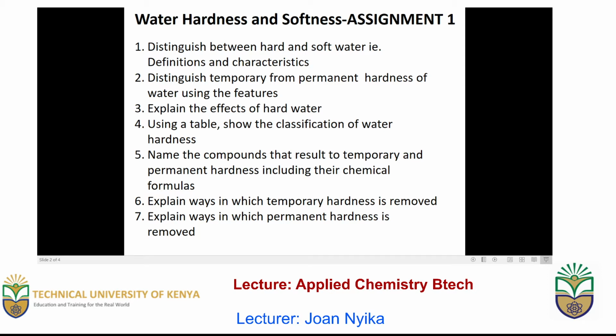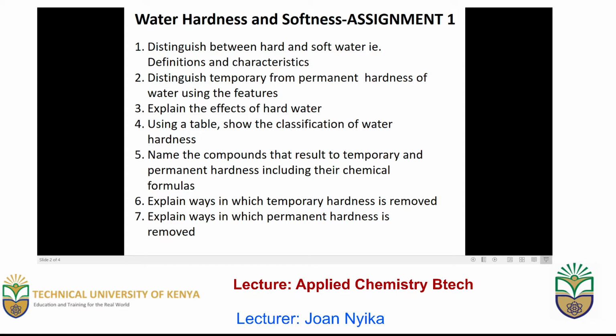Number three, explain the effects of hard water. Number four, use a table to show the classifications of water hardness. That is the various kinds of water hardness. That is, show at what rate you refer to water as hard, extremely hard, slightly hard, or not hard at all.